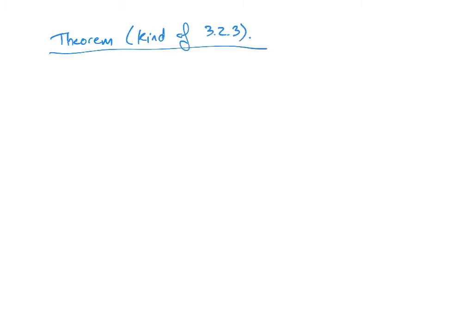If you look in the book, this is kind of 3.2.3. Let's start with two real valued sequences, x_n and y_n, be real valued sequences.